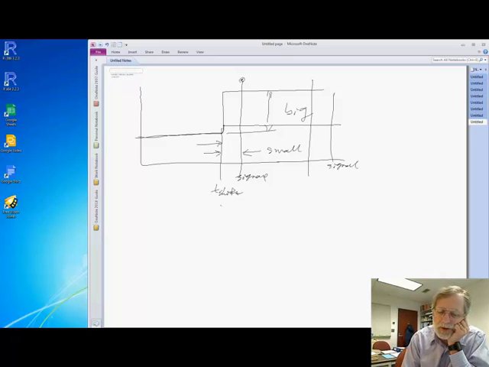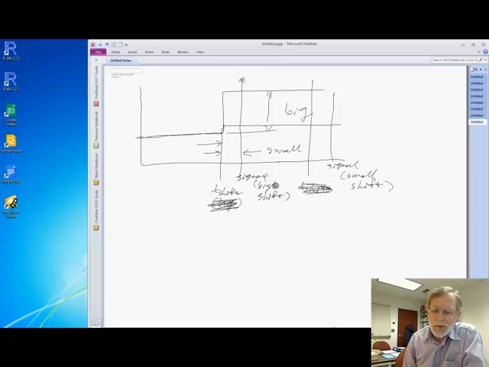So I'll say T shift big, T shift small, so this is the T shift, and you have signal for a big shift, and here you have a small shift.